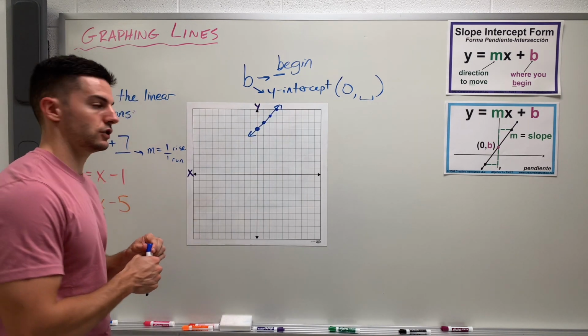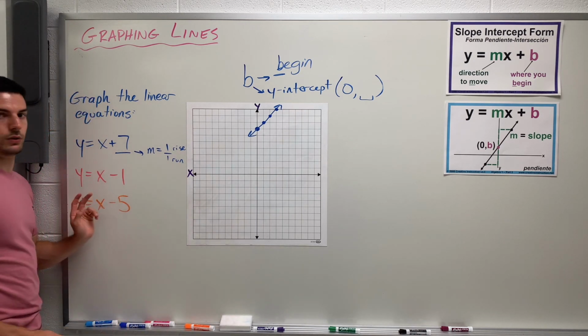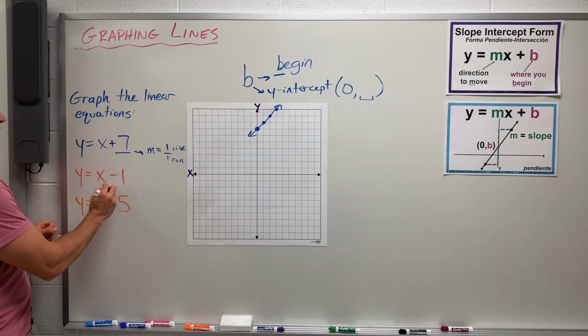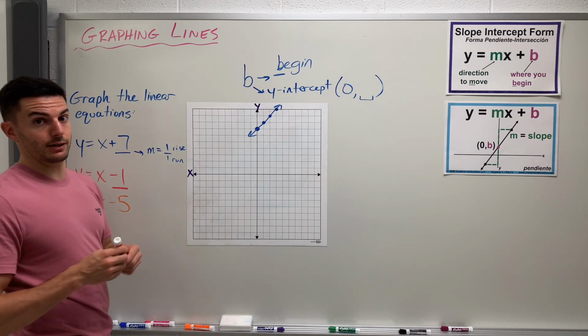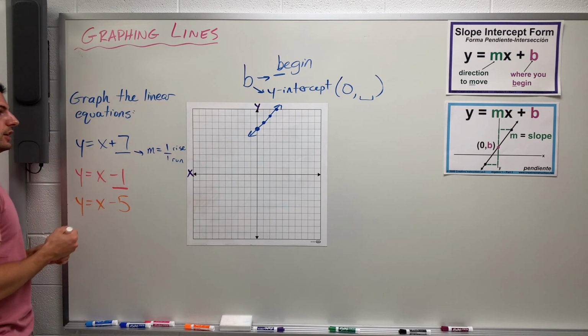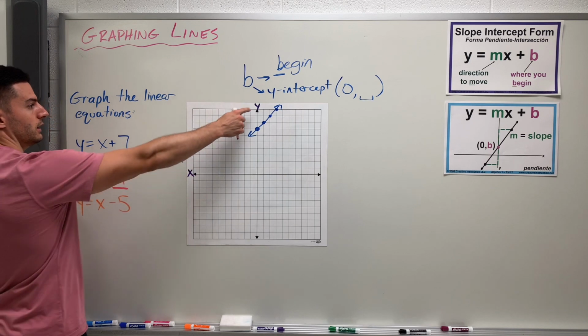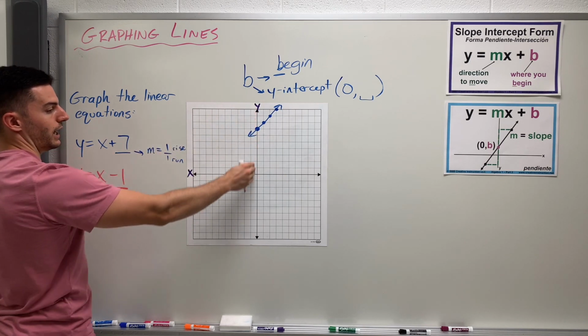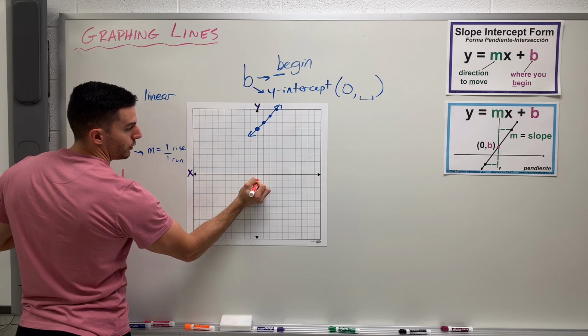Let's compare that to my red equation here. My red equation is y equals x minus 1. That minus is important too, because that's the same as saying -1 as a b value. So my b value is going to be -1. On my y-axis for this one, I go to -1 and make a point there.